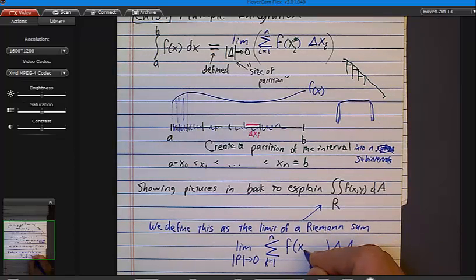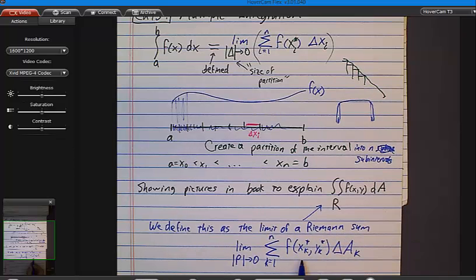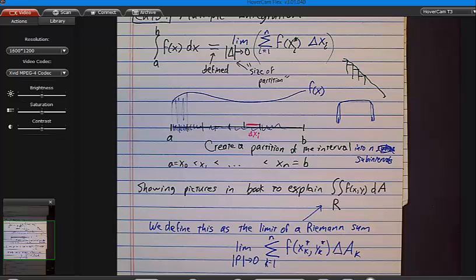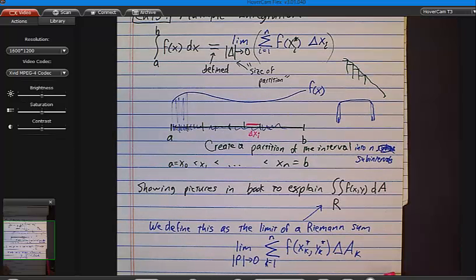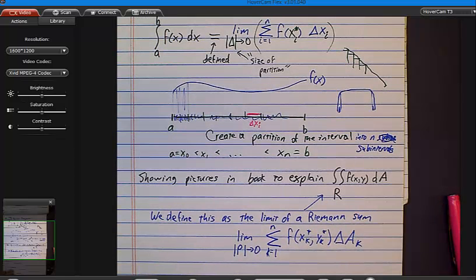You have xk star and yk star or something like that. Somehow you're picking a point that's in a particular rectangle. Okay?